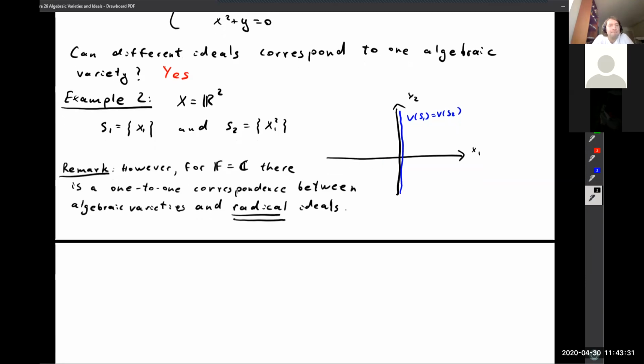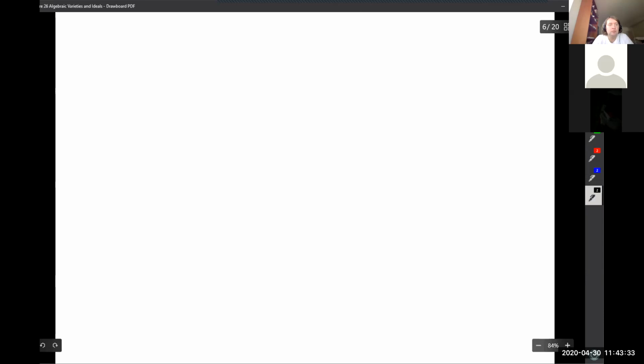Okay. Now let's look at the following. We already talked that the maximal ideals would correspond to points. The radical ideals would correspond to algebraic varieties, which are very special subsets of this n-dimensional space. And let's see what happens when we have an inclusion.